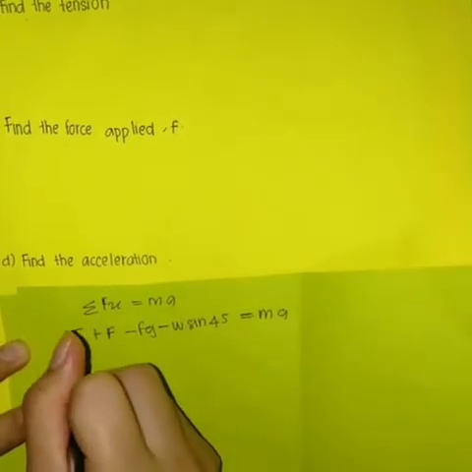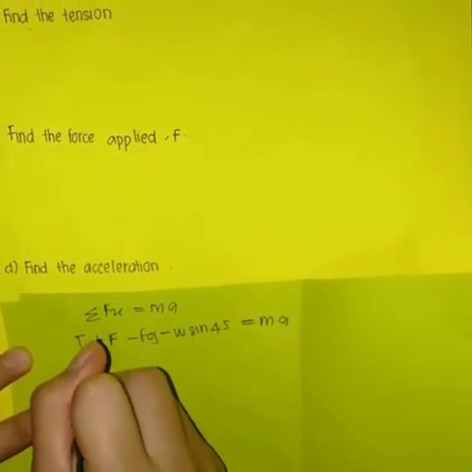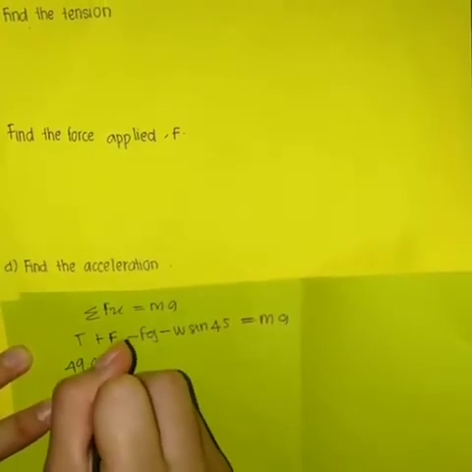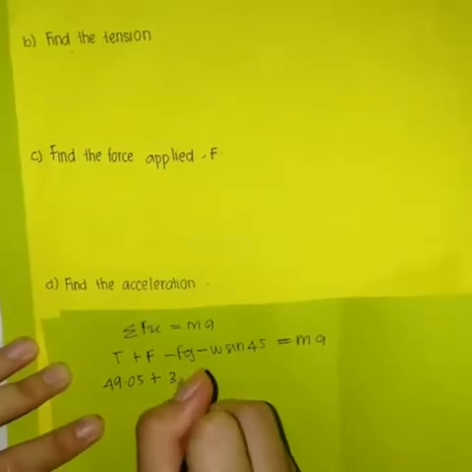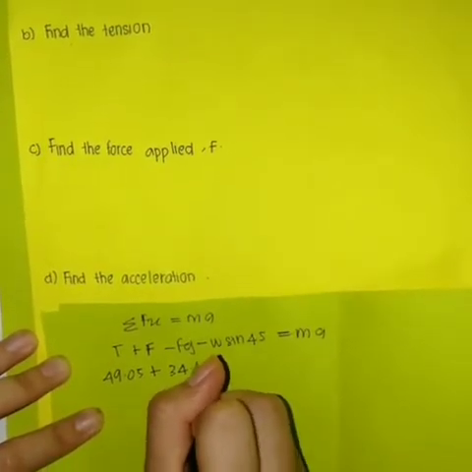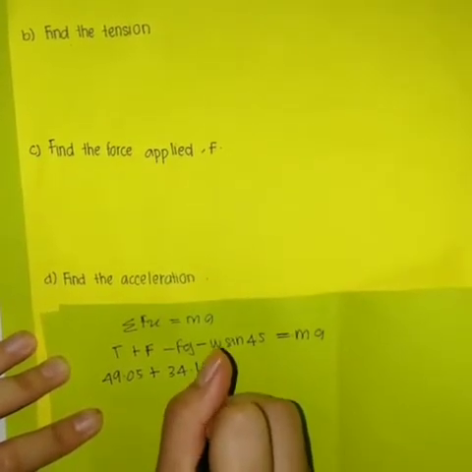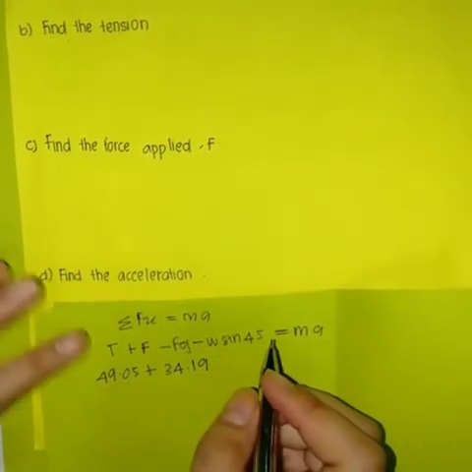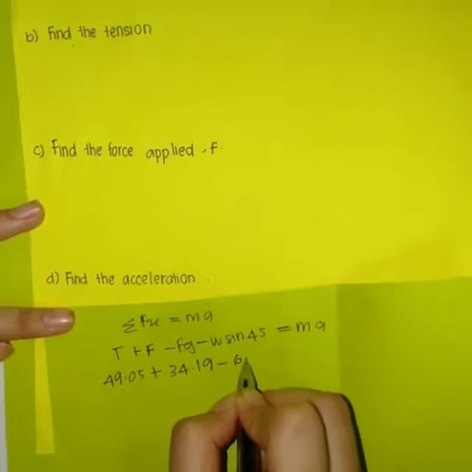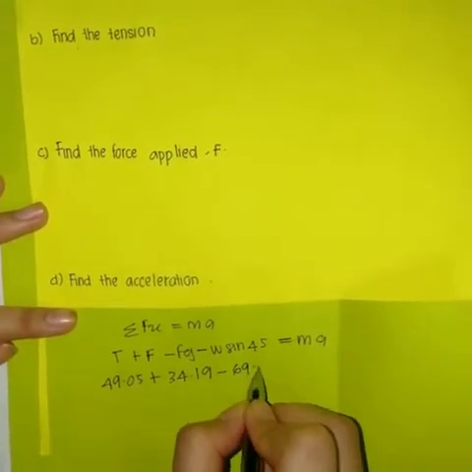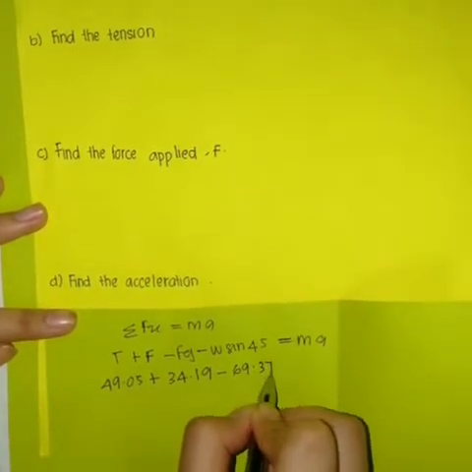So for the T we get 49.05 and for the F we get 34.90 and for Fg we get 69.37.